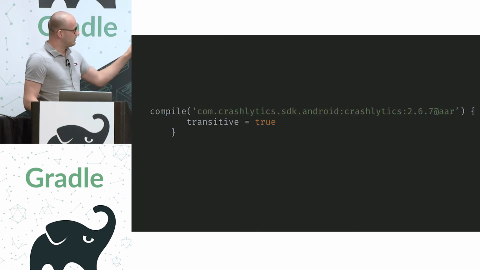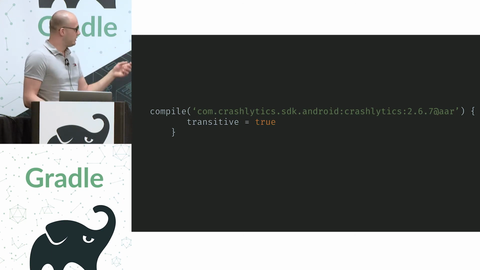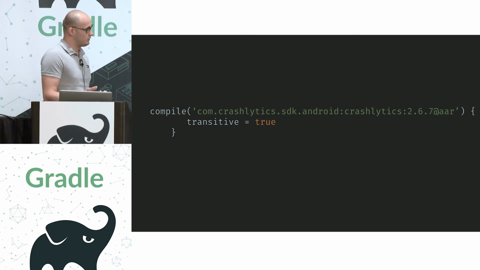And this is why I don't like this. Because we say at AAR, because we want the Crashlytics AAR, but then we also need to say transitive true, because even though we said that we only want AAR as a classifier, as a which artifact we want, we still want the transitive dependencies resolved.